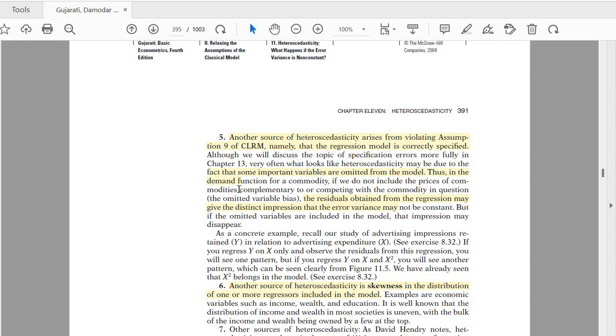Your dependent variable is being explained by independent variables, and the independent variables which should have been incorporated are 4, but you included 2. If you included 2, then the remaining 2 which are being missed out are actually influencing quantity demanded. So where do you think the effect of those variables will go? Anything which does not appear as an explanatory variable goes into the residual. Now what is happening is that the effect of the complementary and substitute price, which are independent variables explaining quantity demanded of a product, is going into U, and now U contains a variable which is changing systematically.